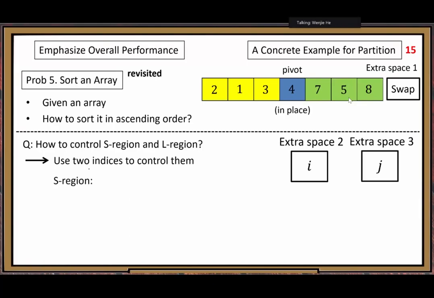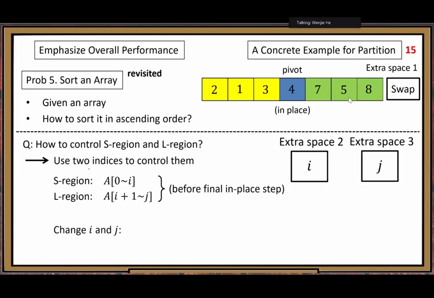So for the S region, you grow the I value. For the L region, the index values go from I plus 1 through J. Before the final in-place step, every time you add one element to the S region, you just increment the I value by 1.